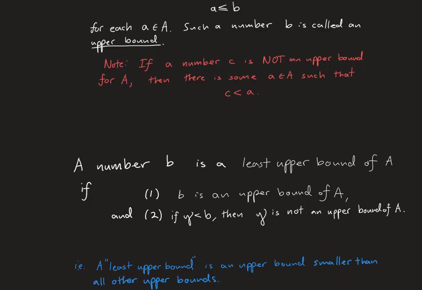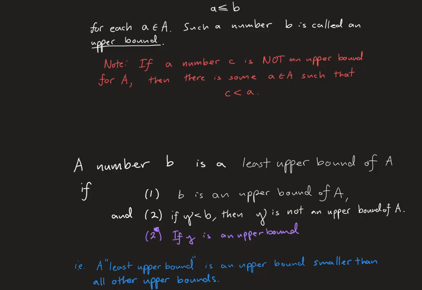Okay, another way to say this right here, I'll write this down. This is called the contrapositive. Another way to say this second condition, if we just take the contrapositive: if P then Q, what you could say is if not Q, then not P. Another way to say 2, so notice this is 2 with a star. If Y is an upper bound, notice what I did is I negated this statement.